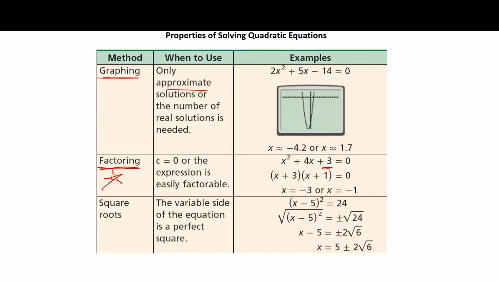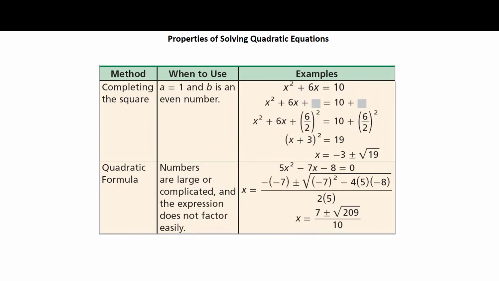If you can't factor it, then we could try using square roots, and you could do that if the variable side of the equation is a perfect square. If you see some perfect squares like this, we can easily solve it using the square roots. Here's a couple of other ways that you've learned. You've learned to complete the square.